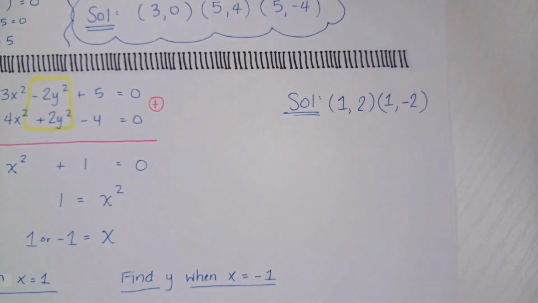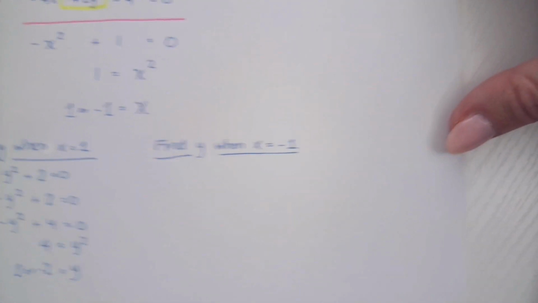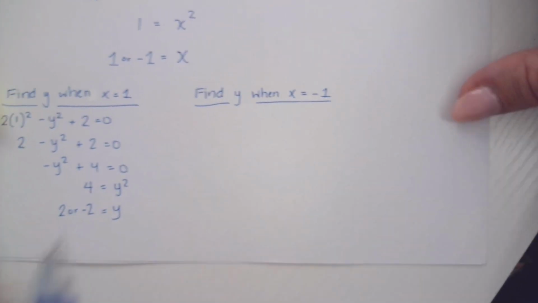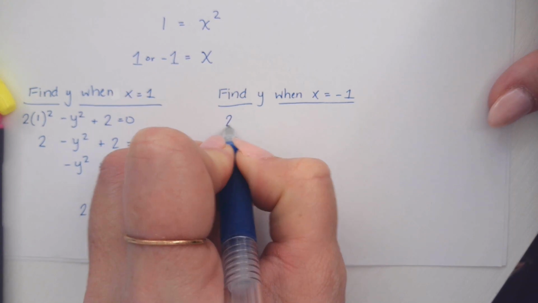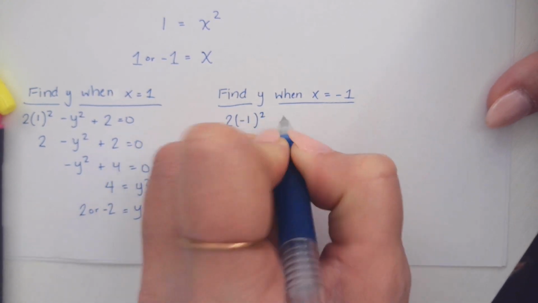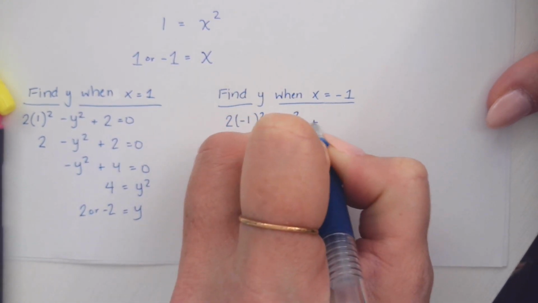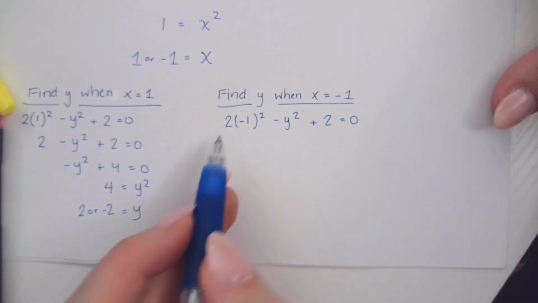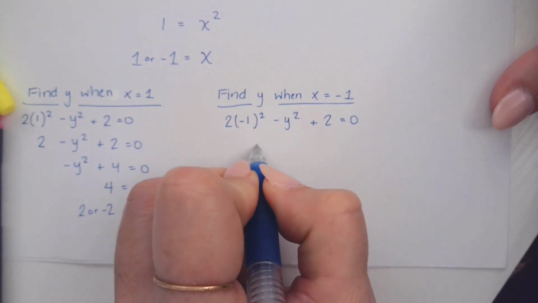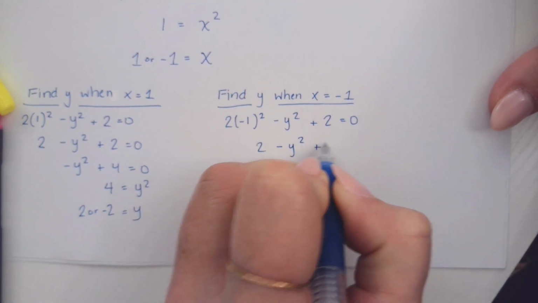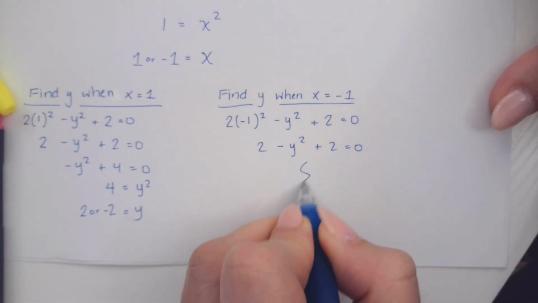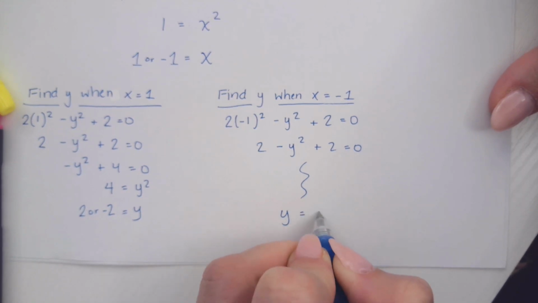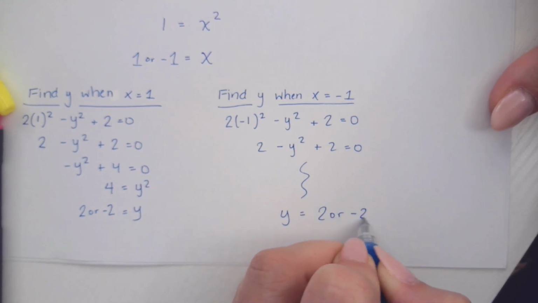Okay, now plugging in negative 1, it's going to be the same thing, right? So we'll have 2 times negative 1 squared minus y squared plus 2 equals 0. So again, that turns into 2 minus y squared plus 2 equals 0, and y is going to equal 2 or negative 2.